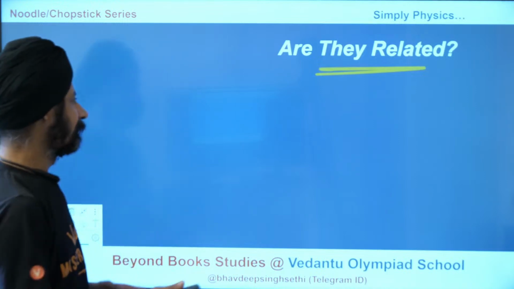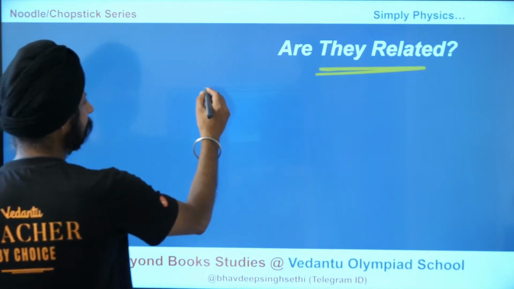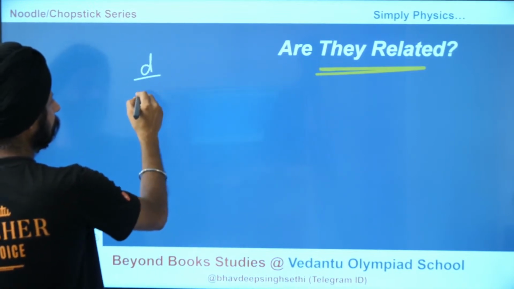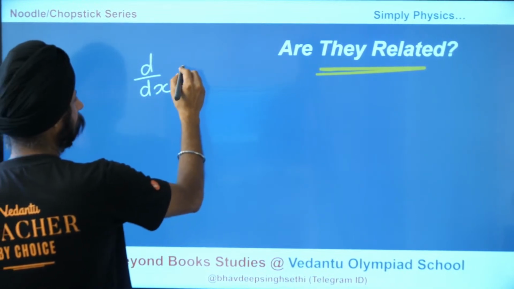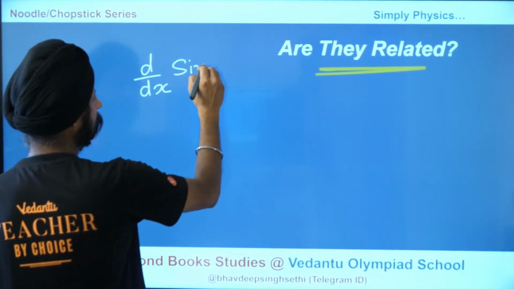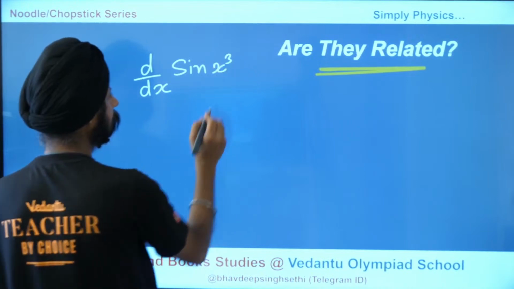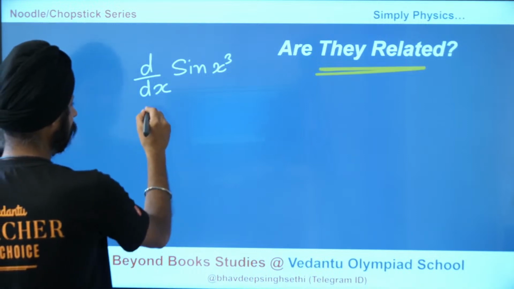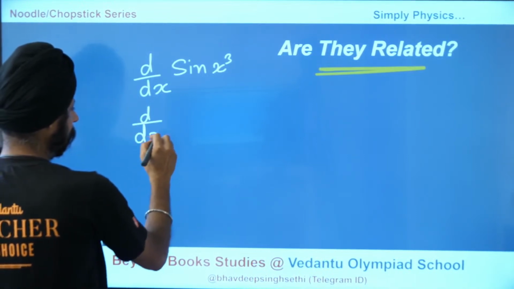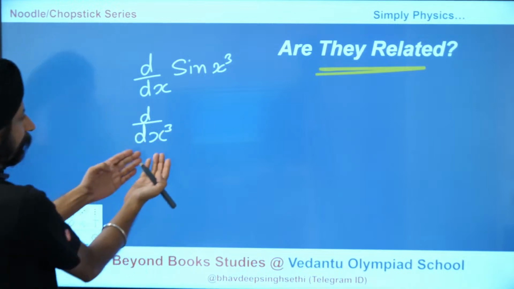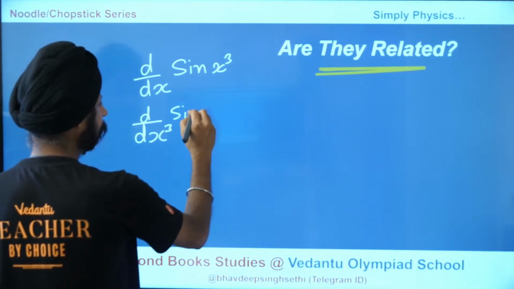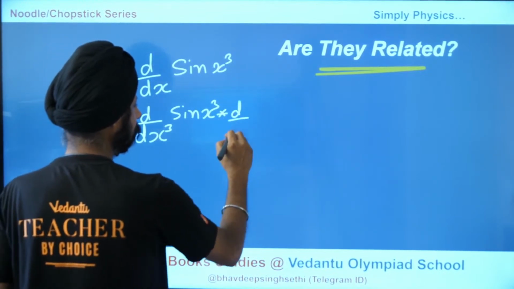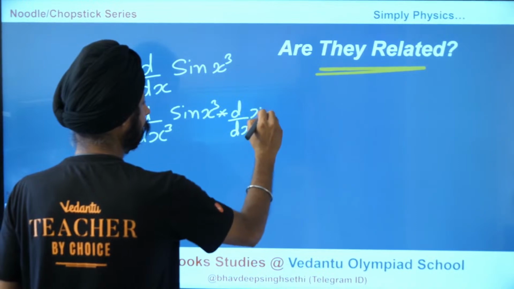So let's take an example where we are saying, okay, let's find d by dx of sine x cubed. If you do d by dx of sine x cubed, you'll say, okay, this is x, this is a cube. So you'll have to do this chain rule thingy where you'll say d by dx cubed of sine x cubed multiplied by d by dx of x cubed.